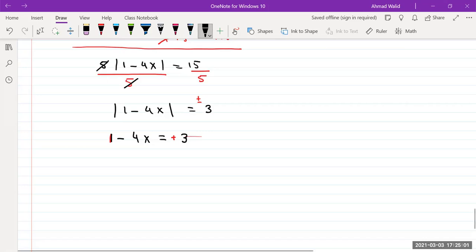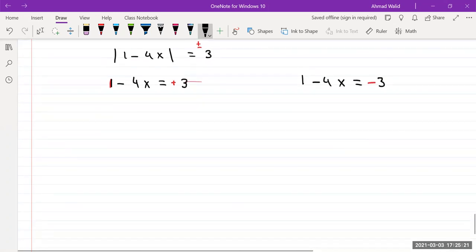And the second equation that I want to make will be 1 minus 4x equals, here you go, negative 3. I will solve this equation. I will solve this equation. Those will be my answers, correct?